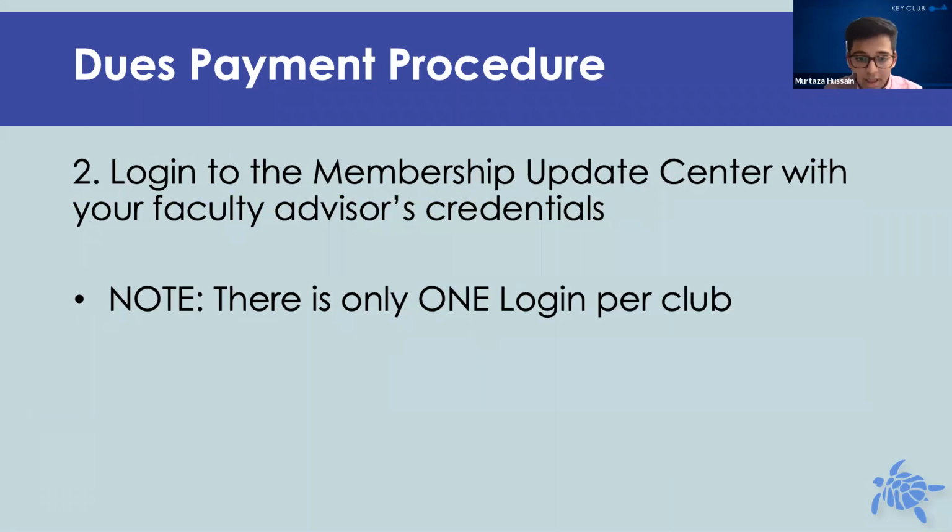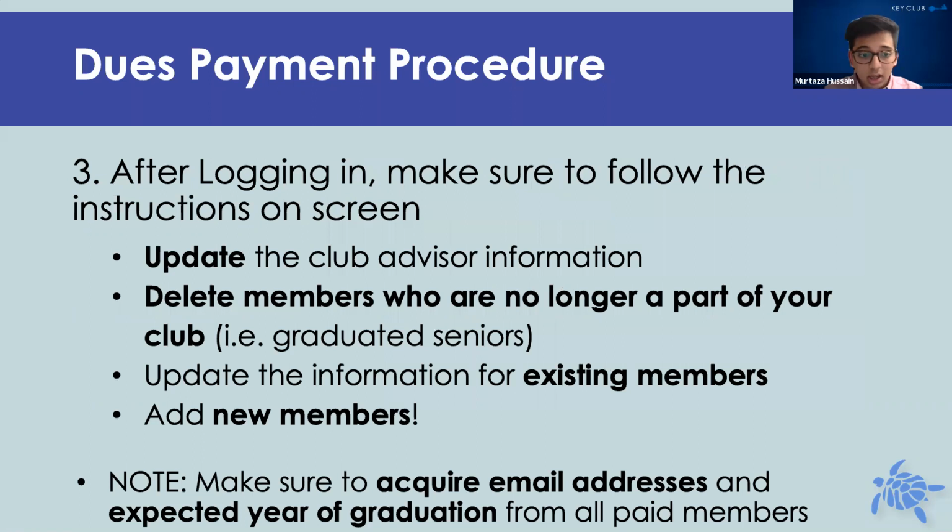And after going through the Membership Update Center, you do want to make sure that you have your Key Club faculty credentials. Once you log in, you want to make sure that you update everything. So meaning your club advisor information, your members, delete members who are not present anymore. Make sure that you update new members and existing members, and make sure that you acquire email addresses and expected graduation year from all your paid members.